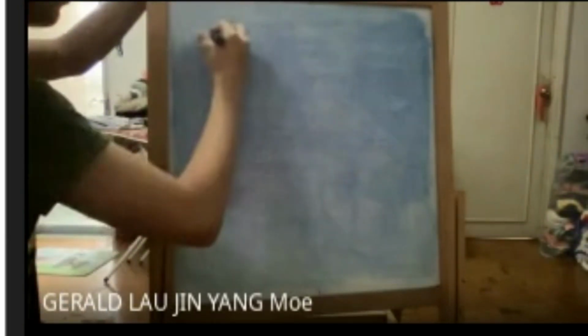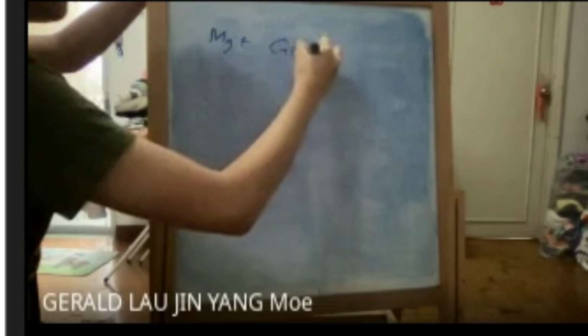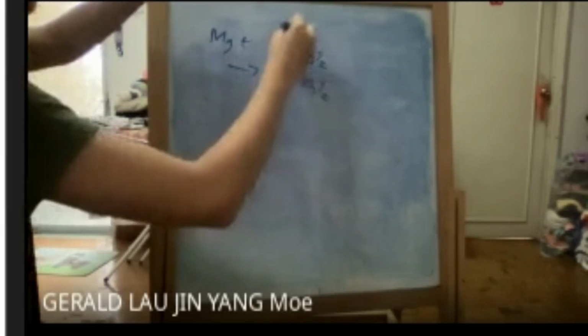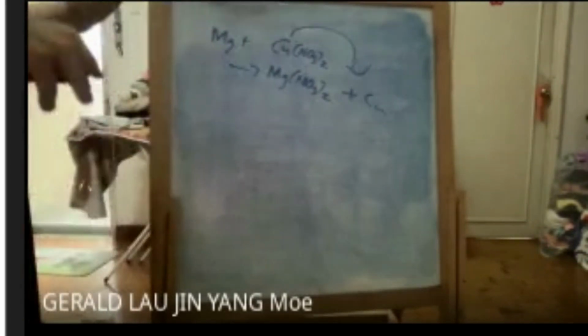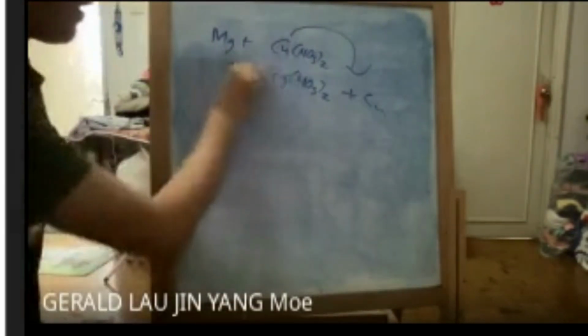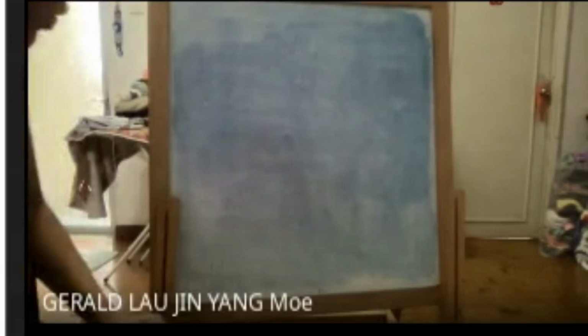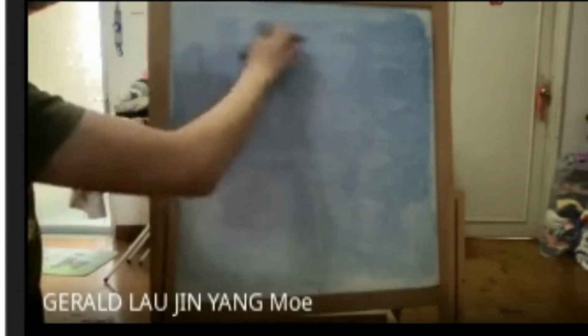That means like one metal I add into a copper(II) nitrate solution to replace the metal, to become magnesium nitrate, and then I displace to get out the copper. That one is displacement. The last one, combustion. Burn.